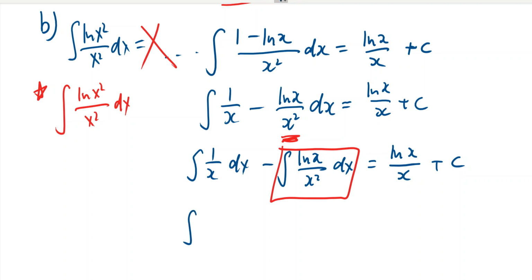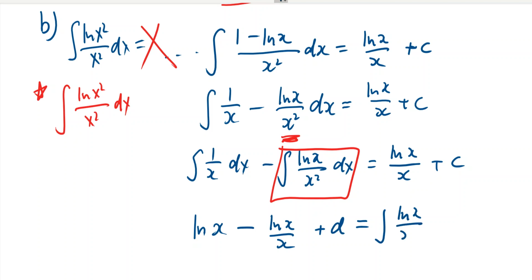So I will have integrate 1 over x equals ln x minus ln x over x plus d, equals integrate ln x over x squared dx. Basically what did I do? I brought this to the right side because this is negative here.